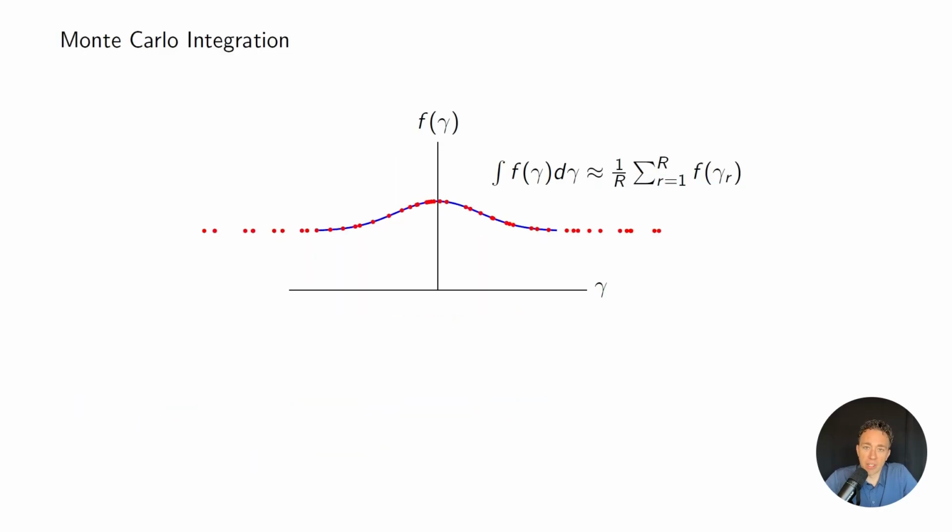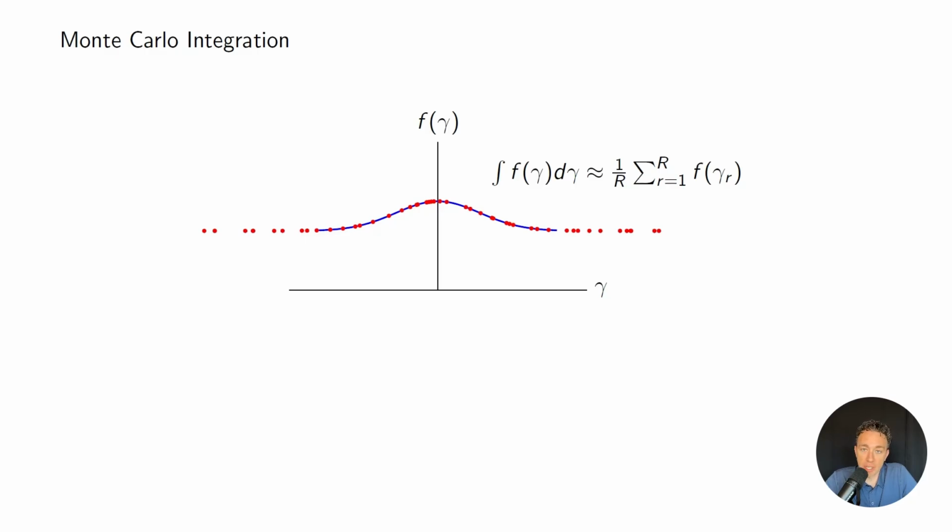Now, what about Monte Carlo integration? Well, Monte Carlo integration says I'm just going to randomly sample from the support of f according to its distribution. So these red dots are random samples, and we're showing how likely they are based on the density of our f. And then I'm just going to take every one of those samples, and give it equal weight, in this case 1 over r, where r is the number of samples I've taken.